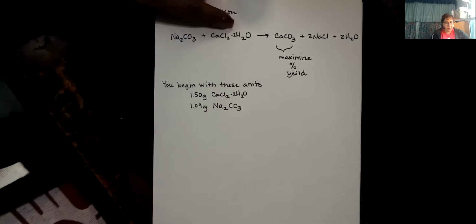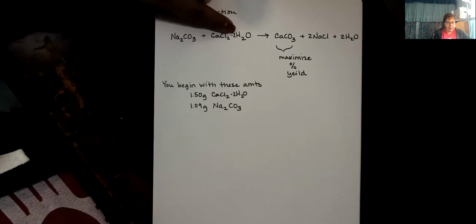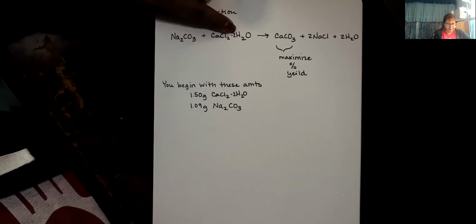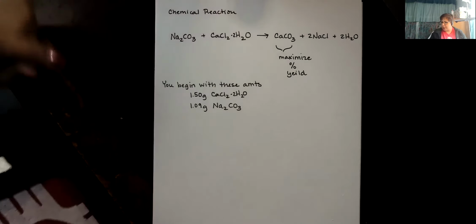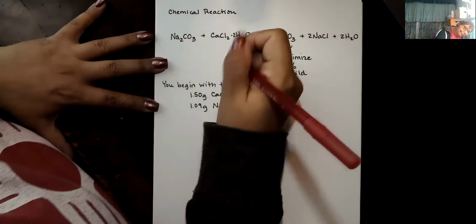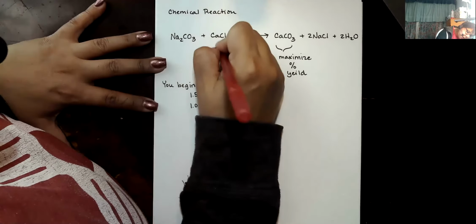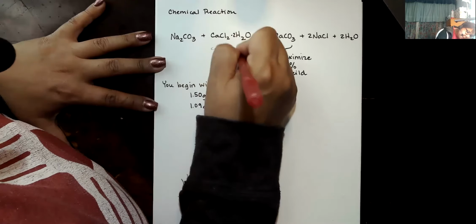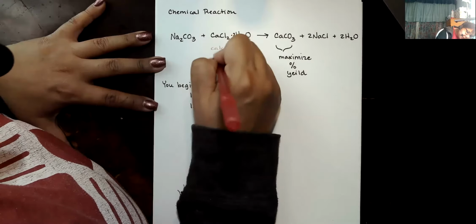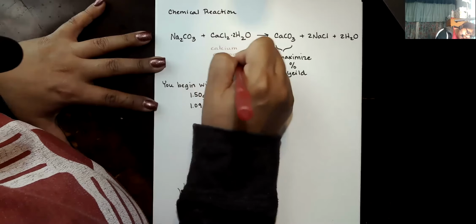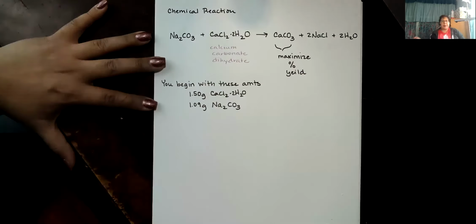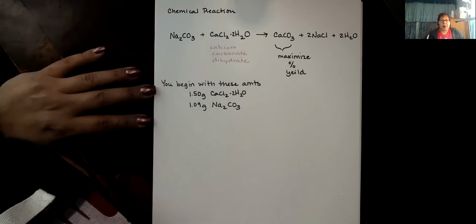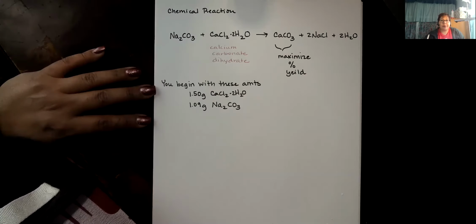So just as a little correction here, I should have had a 2 in front of that water. That's how I know it's calcium carbonate dihydrate. Okay, there we go. That's how I know it's calcium carbonate dihydrate.